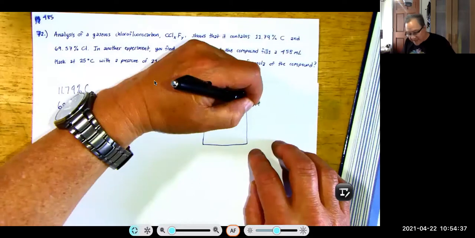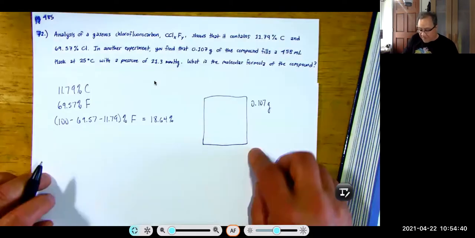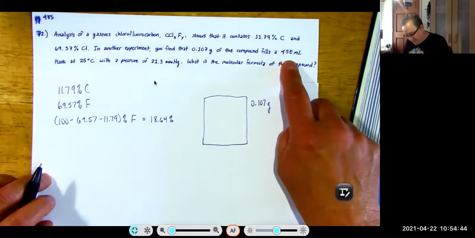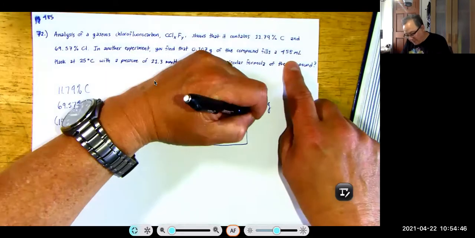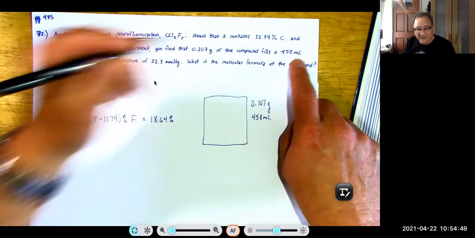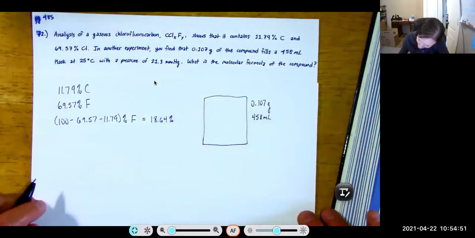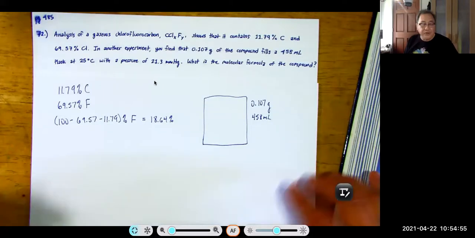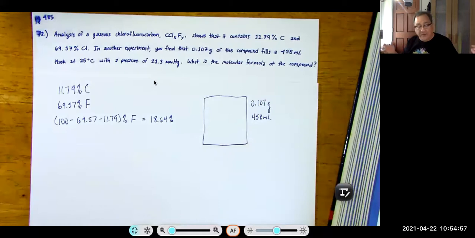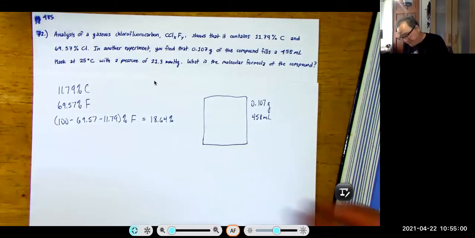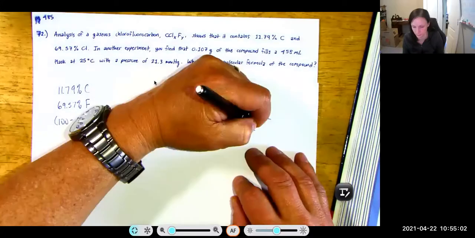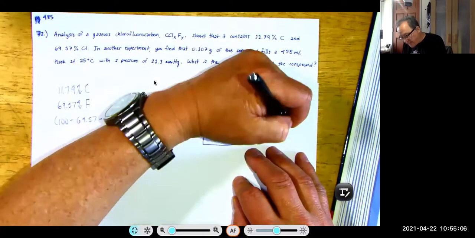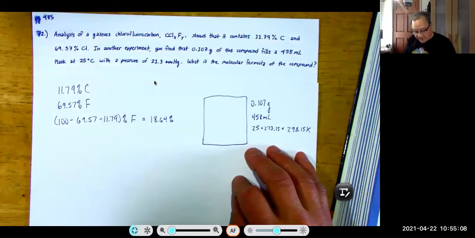To me, what stands out to me is that they gave me the volume in milliliters, those rotten, dirty people, when they know I want liters. They give me the temperature in 25 degrees Celsius, but I'm used to that. They're always doing that to me, so I'm going to add 273. Right. And get 298.15. So that one I'm used to. It's not a dirty, rotten trick.